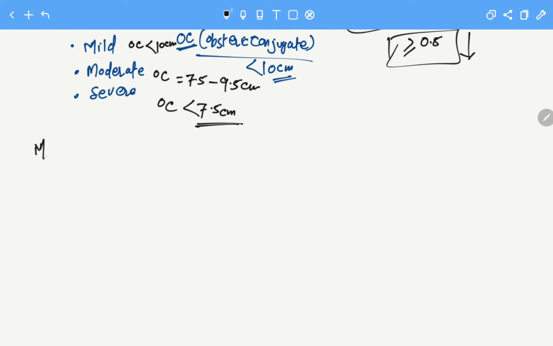What is the next thing that we are going to study? We are not going to study this in detail, only the point that we need to remember is the management for the contracted pelvis.